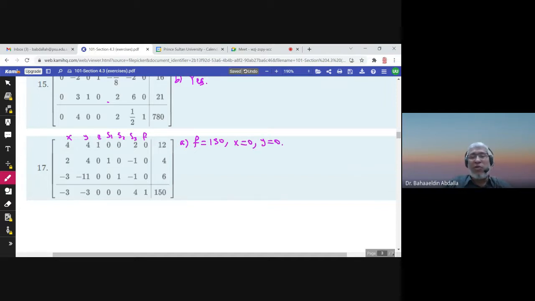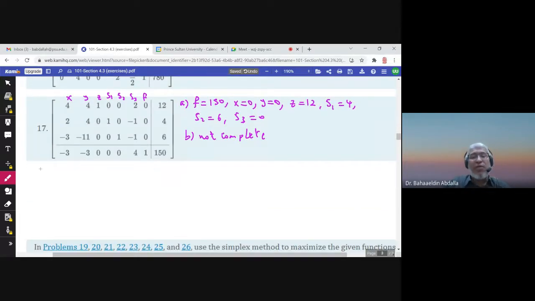Y is also non-basic. Z is basic and its value is 12. S1 is basic and its value is 4. S2 is basic and its value is 6. S3 is non-basic and its value is 0. B is not complete because two of the indicators are negative numbers.